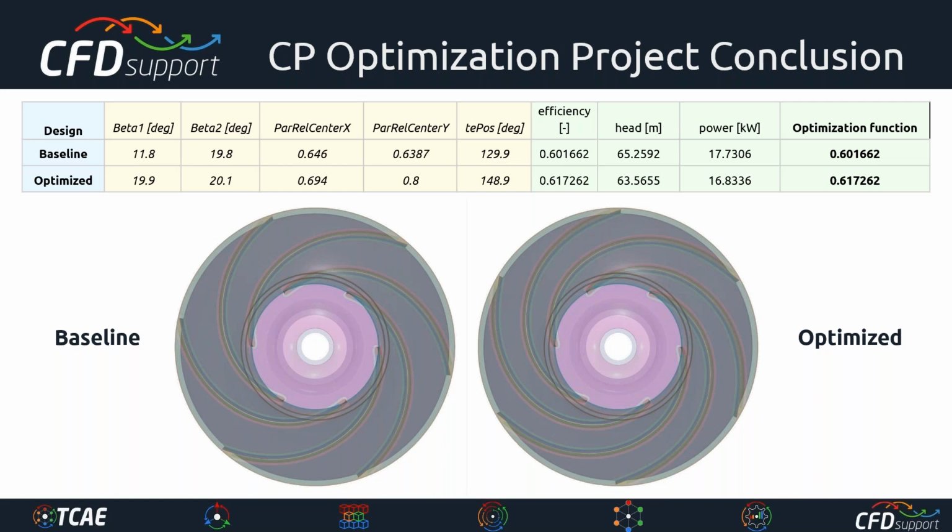I think at the end it was 250 simulations. Then the convergence stopped, and you can see the basic results. The optimized candidate has a little lower head, but significantly lower power, and 1.5 better efficiency.